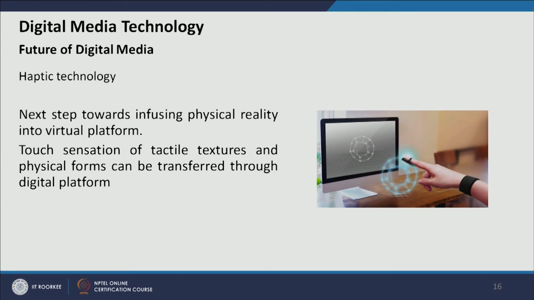Right now a lot of scientists are researching haptic sensation, how the touch or tactile sensation of a real material can be translated, and how we can interact with the physical reality in terms of touching and holding.